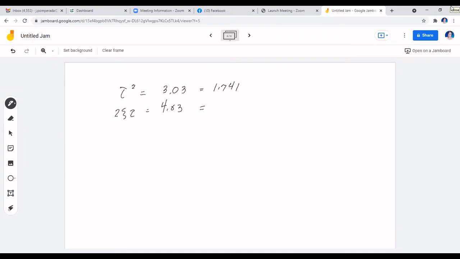If you multiply it by 2 and use it as the divisor for 4.03, your zeta would be 1.158.